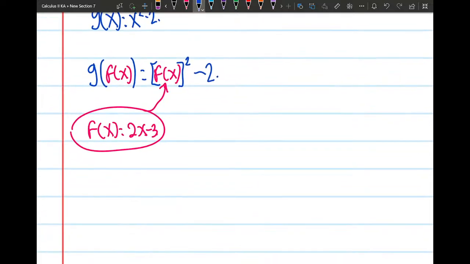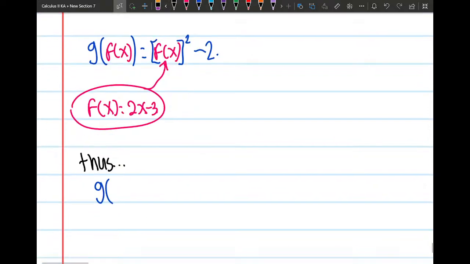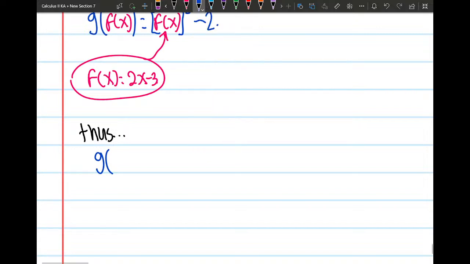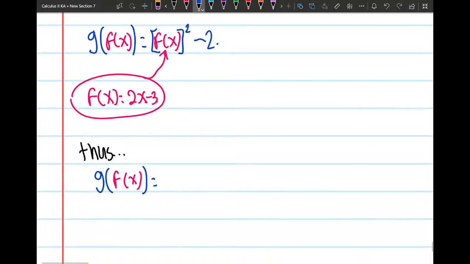Thus g composed of f of x is equal to the quantity 2x minus 3 quantity squared minus 2.